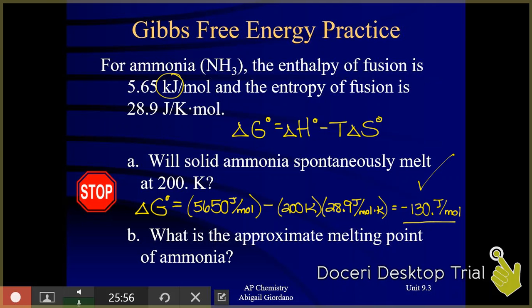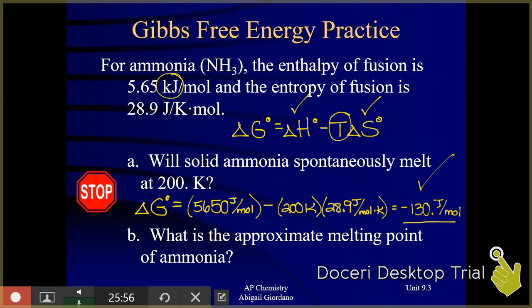Okay, now part B says, what is the approximate melting point? That means T is my unknown. I have this, and again, guys, we're at a phase change.